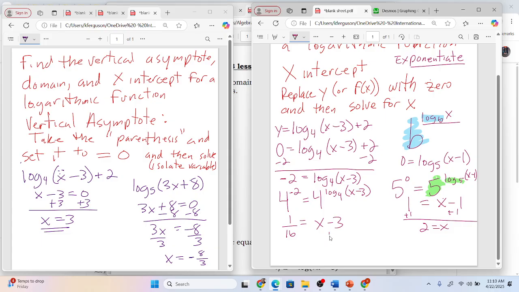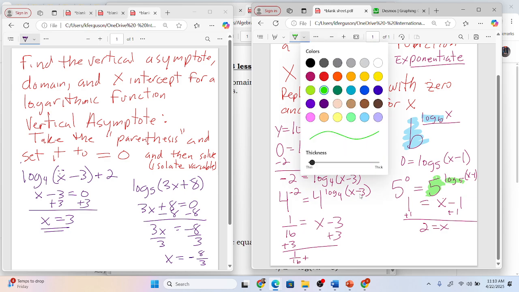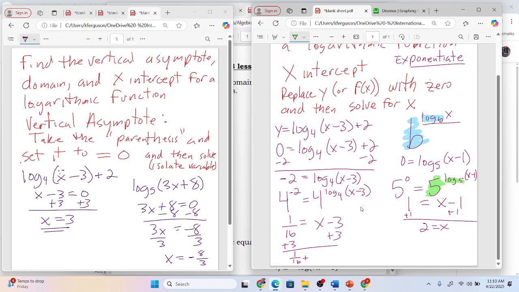So I'm going to add 3 to both sides. Now when I do something like this, I need to change that 3 to a fraction. So I got 1 over 16 plus, and then let's just do it to the side here. I need to take 3 and change it to where it's got 16 on the bottom. So 3 times 16 is 48.